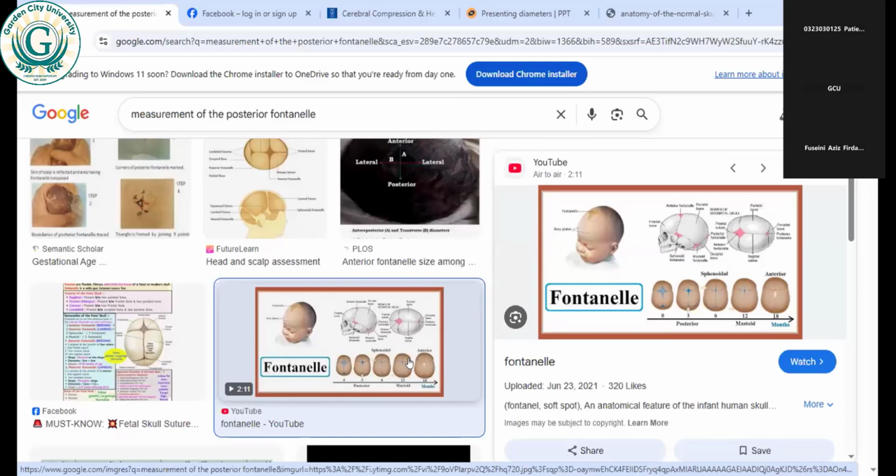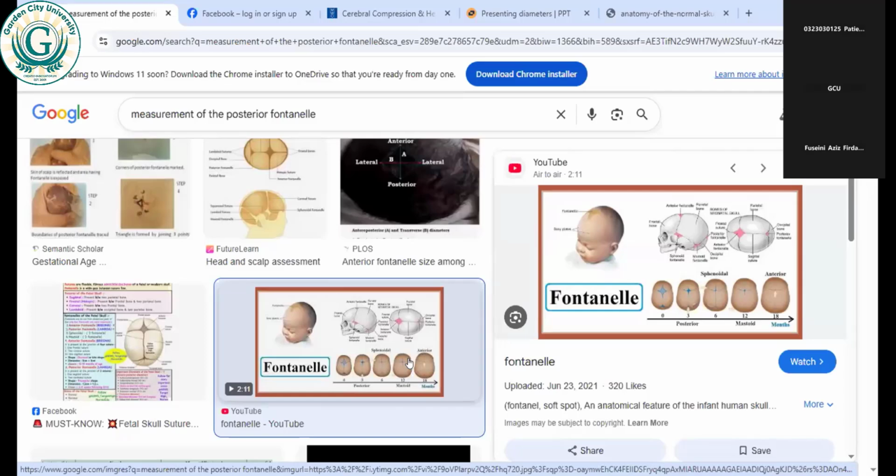So those are the 6 longitudinal diameters. The two transverse are the biparietal diameter, which is 9.5, and the bitemporal diameter, which is 8.2.